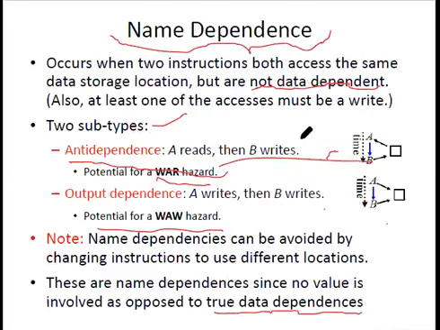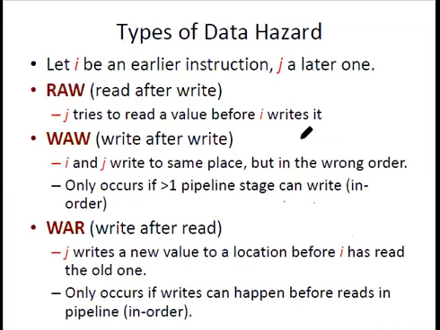So this is a dependency where RAW, read after write, occurs when J tries to read a value before I writes it. It has not been written by the previous instruction, but the next instruction is trying to read it because both instructions are being carried out in parallel. This kind of hazard is an example of a data hazard, which is RAW. So J has data dependency upon I and cannot be carried out.